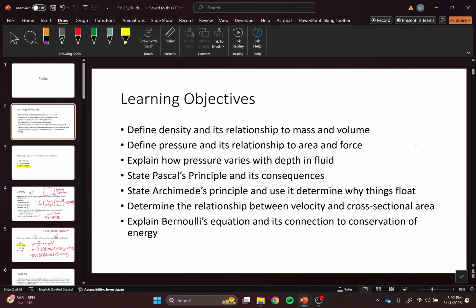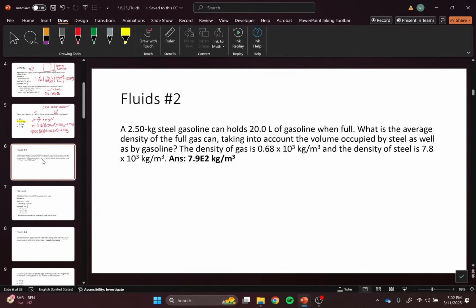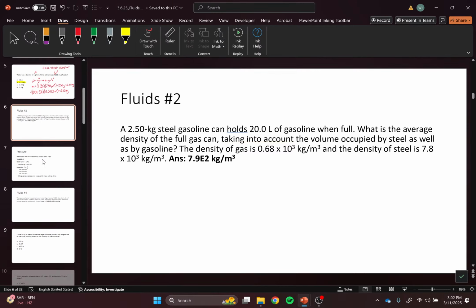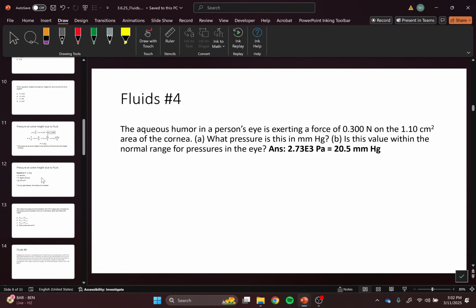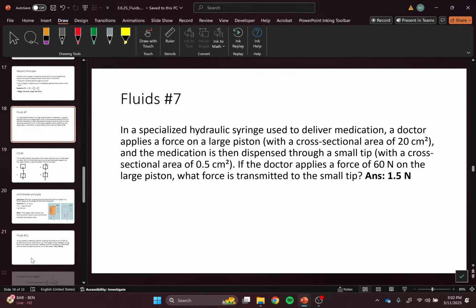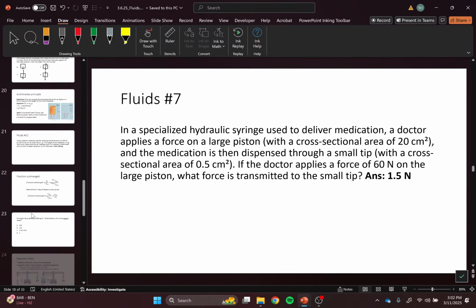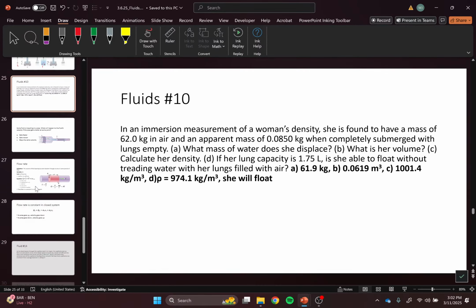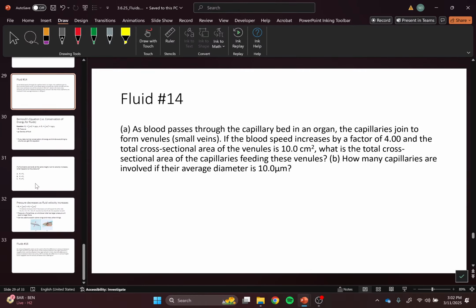Last class we started talking about density. For every single one of these, I'm going to do an example in this PowerPoint slide. Like I was telling you all, you need to do these to make sure you've done one of each. Let's count how many I'm going to do with you all. There's 1, 2, 3, 4, 5, 6, 7, 8.